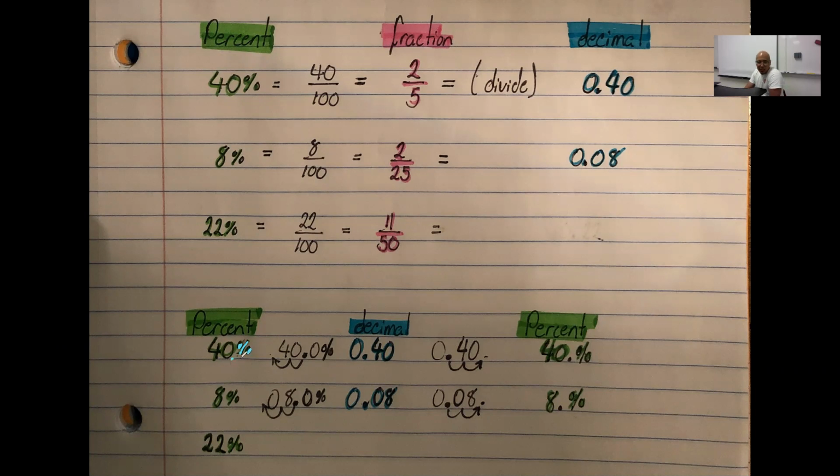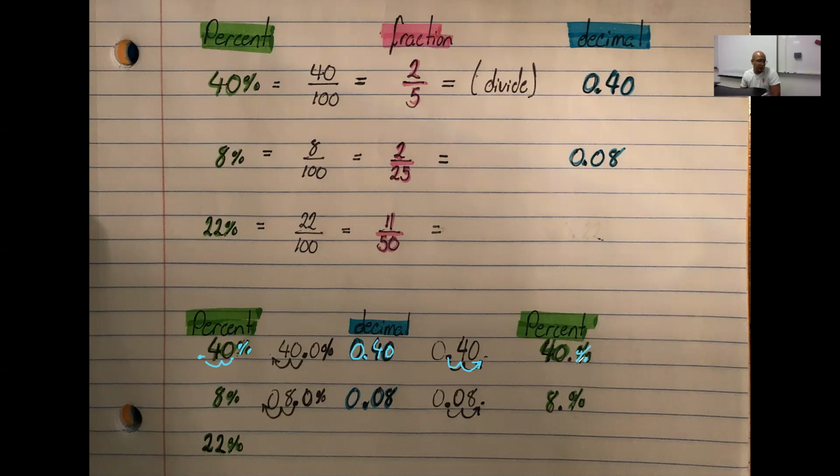The percent and the decimal don't get along. And so in order to get rid of the percent, the decimal will move 2 spaces away from the percent, leaving me just the decimal, 40 hundredths. Now, if I want to go back into a percent, then I can take that decimal and move it to the right twice and put a percent symbol, so that is 40%.